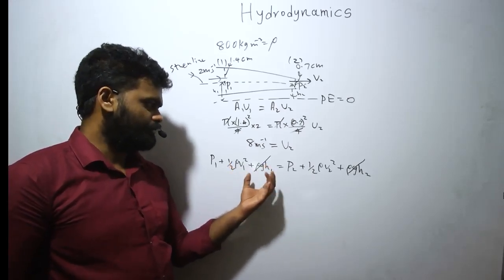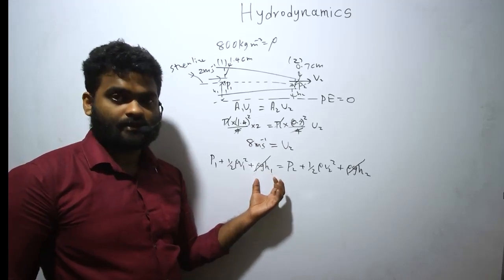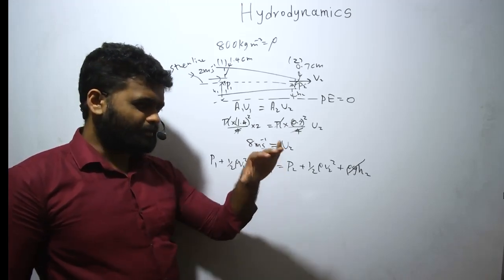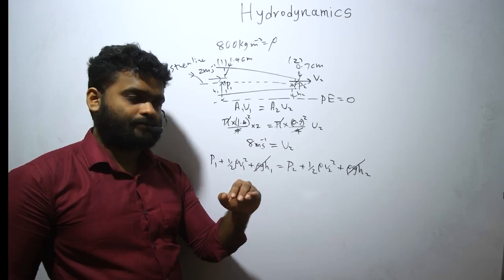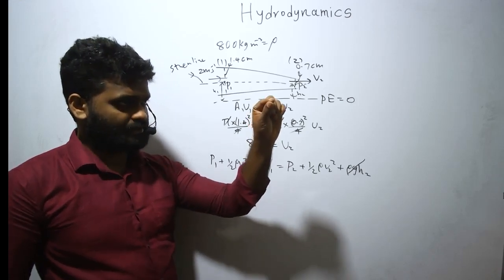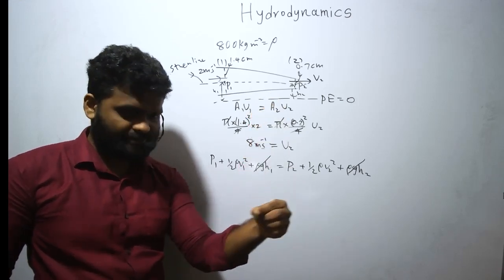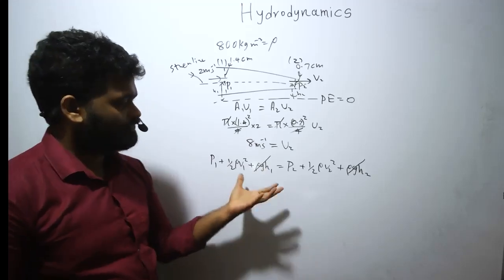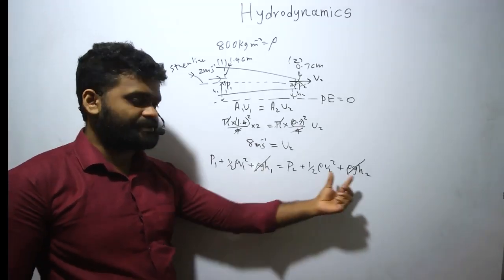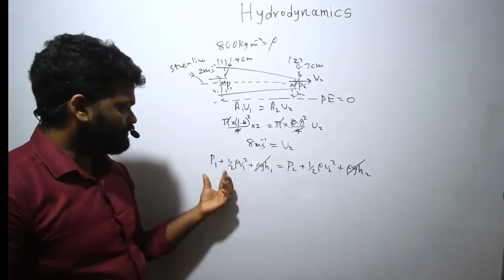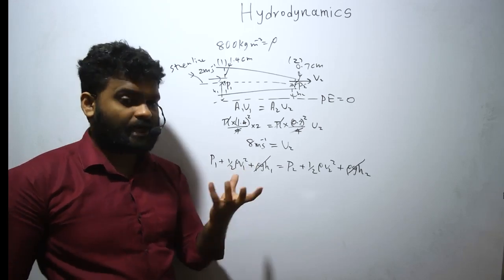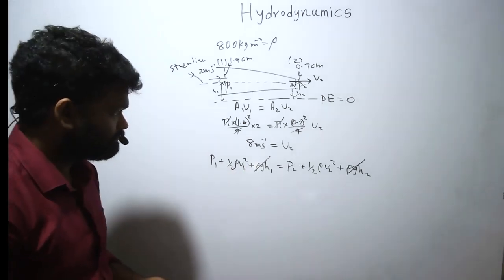But later you don't have to even write this rho g h term. For many questions, you don't get rho g h, only for questions like water leaving from a vessel. Otherwise, you only have to write the pressure and the kinetic energy per unit volume.